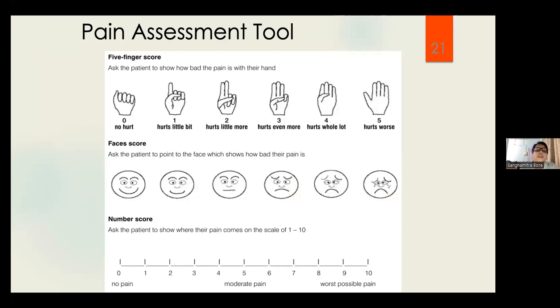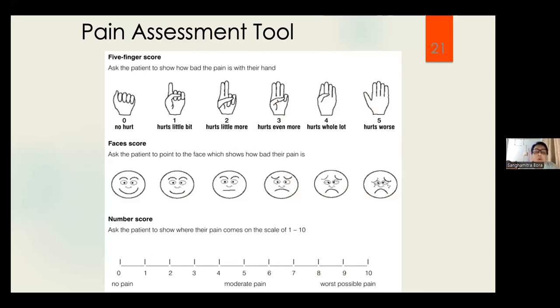This is a 5-finger score where 0 is no hurt, then it goes to hurts a little bit, 2 fingers would hurt a little more, and so on till 5. This is the faces score where the smileys are shown to the kids, and they would pinpoint with their fingers how much pain they have.